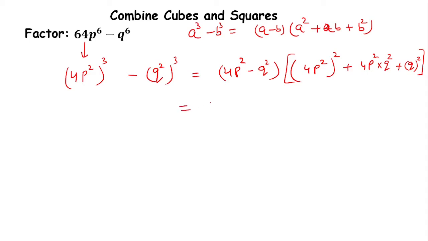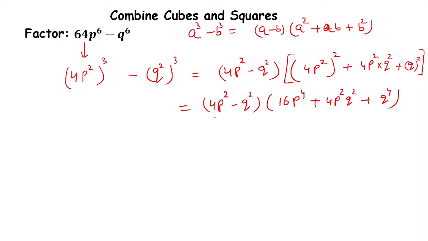Simplify this. 4p square minus q square, we have 16p power 4 plus 4p square q square, and q power 4.